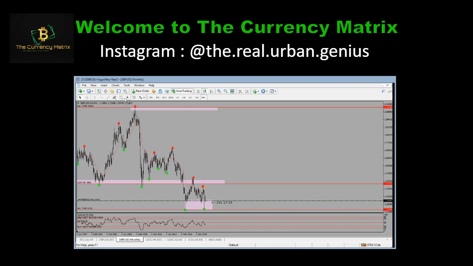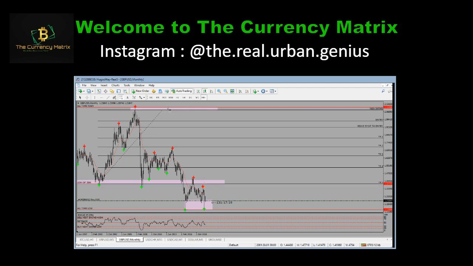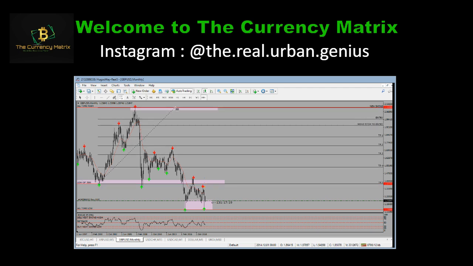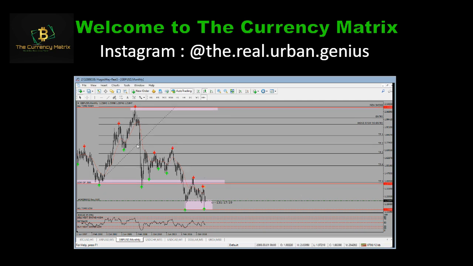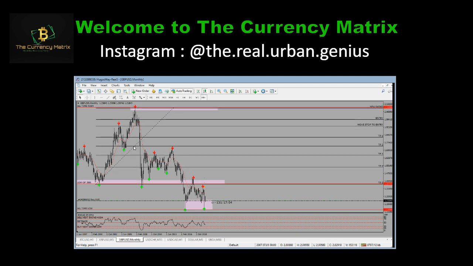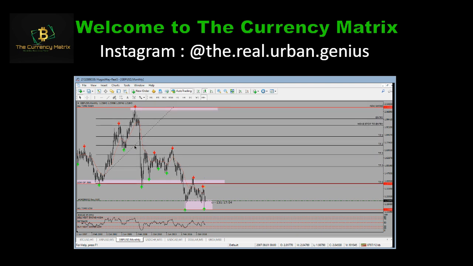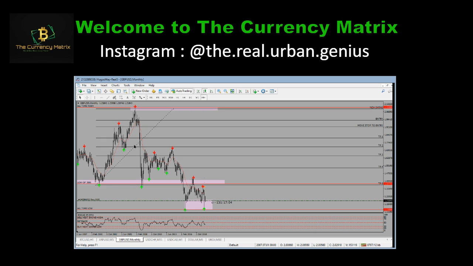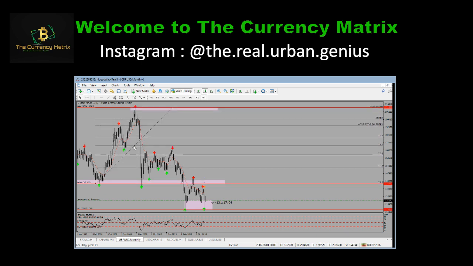Now let's go ahead and drop our Fibonacci in there, swing low to swing high. Now look how it paints such a detailed map across the board for us. And this isn't just today's data or yesterday's data. This is all of the data ever provided for the history of the pound USD.